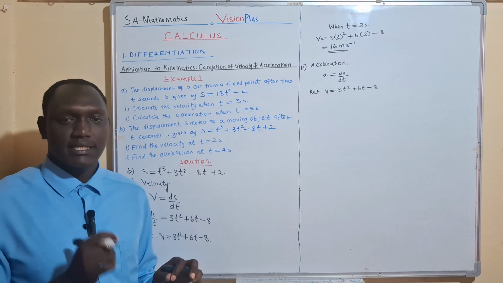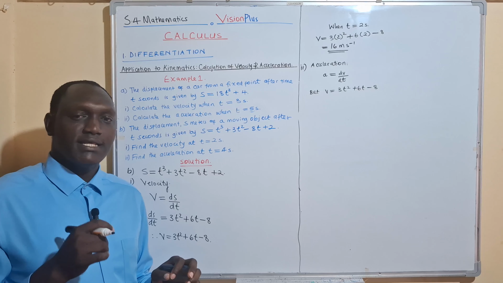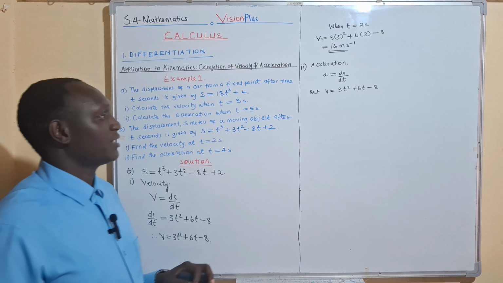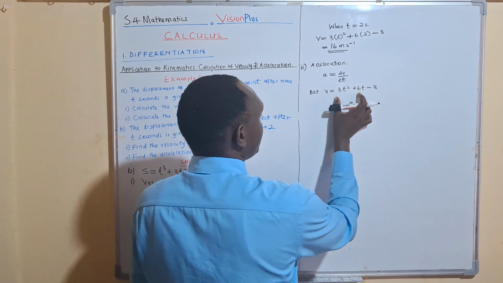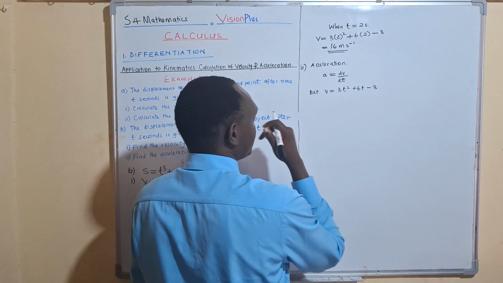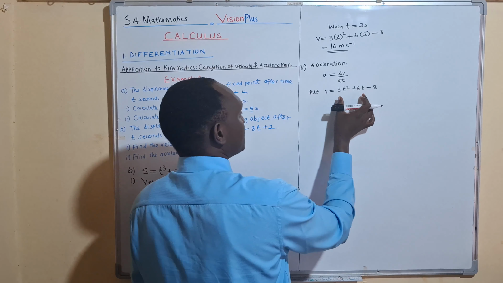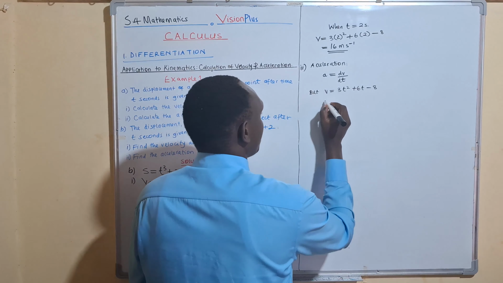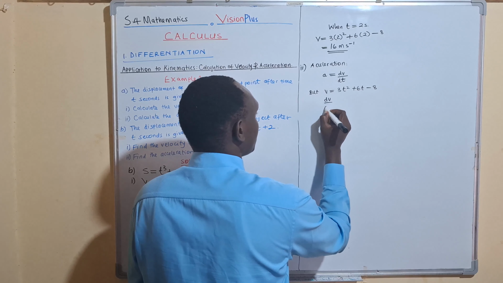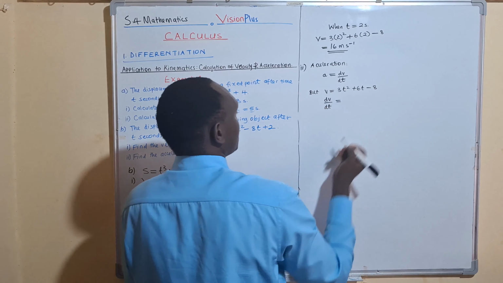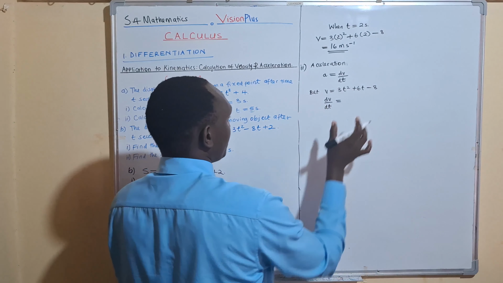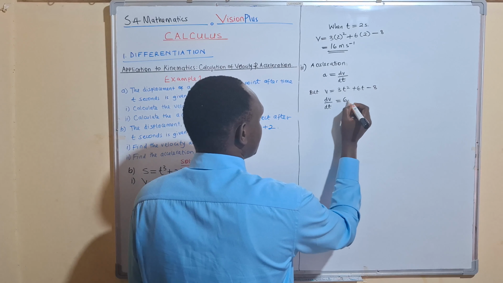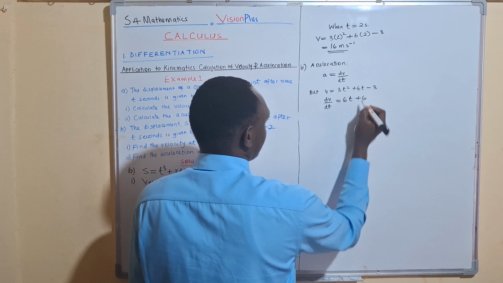This is the expression for velocity at any time. But now, acceleration says, what is the rate of change of velocity at any time? That means we must get dv/dt, which is the rate of change of velocity. So in simple terms, we differentiate the given function of velocity. So dv/dt equals, since you know differentiation, I'm not explaining how I'm differentiating this, but it gives us 6t plus 6.